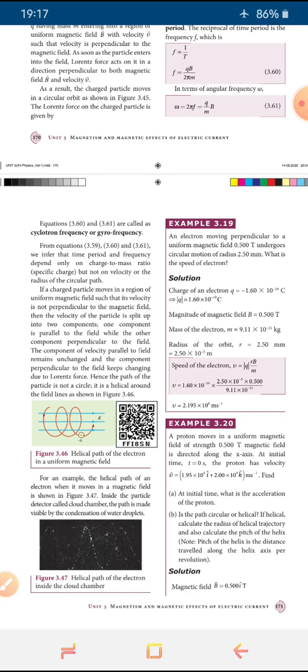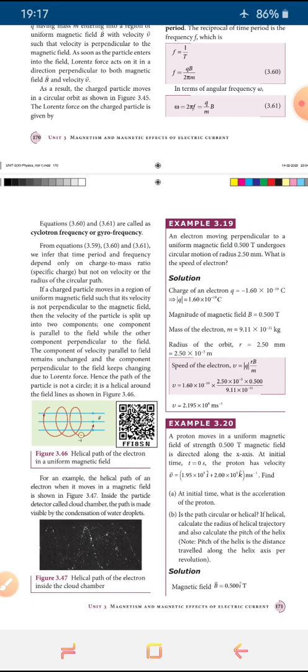These three equations clearly explain that the time period and frequency depend only on the charge to mass ratio, not on velocity or the radius of the circular path. When the charge moves not perpendicular, it is resolved into two components, and that is explained.